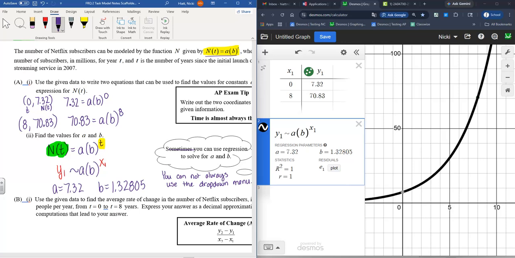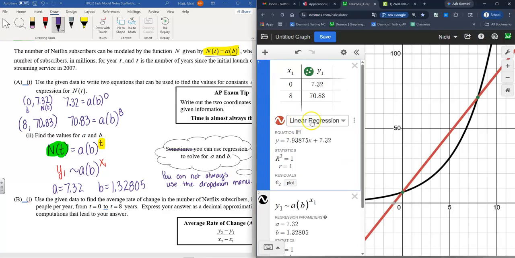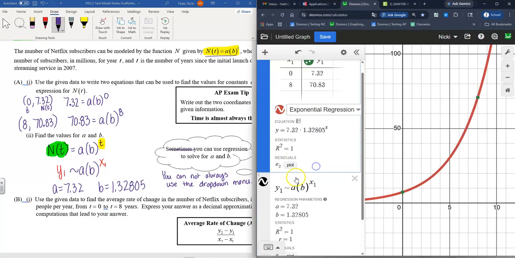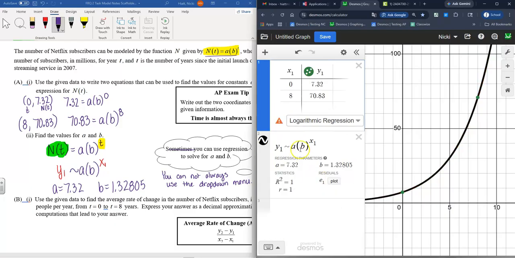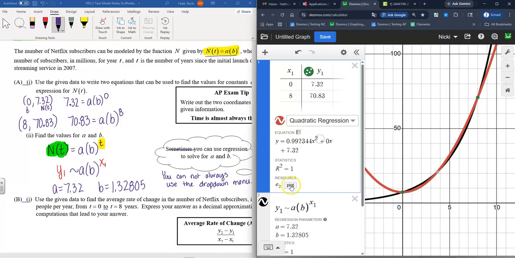Okay, everybody good here? What's going to change in this equation is the equation that you're starting from. Now, on this particular problem, you could have done exponential regression right here and it would work because this is of the form a times b to the x power. But you'll see, if I want to do a log regression, it won't let me. Let me try a quadratic regression.